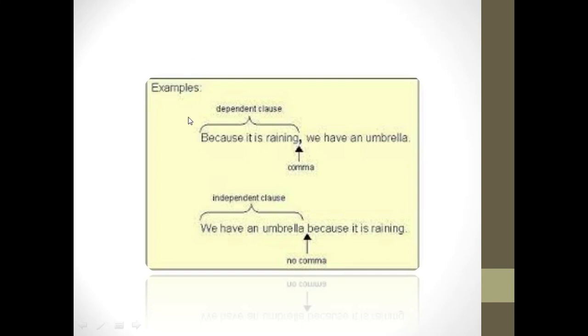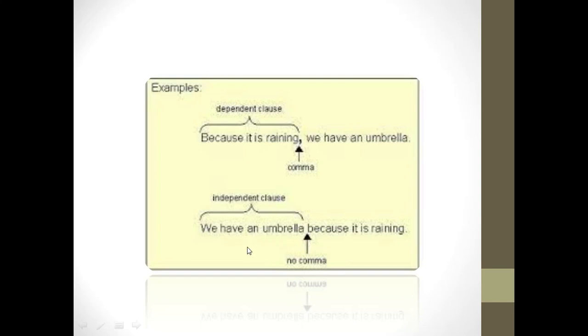But if you just say "because it is raining," then it will be incomplete. You need another clause to complete its meaning by putting a comma and another clause. Here we have an umbrella. So the clause "because it is raining" is dependent on this clause. Here, if we don't write "because it is raining," we are not using any comma.